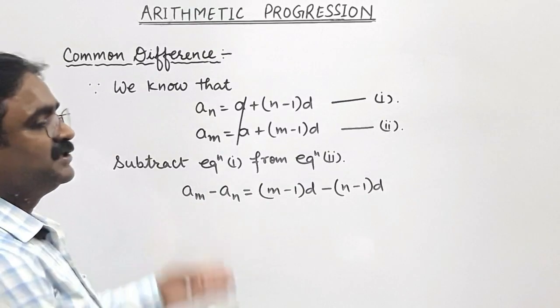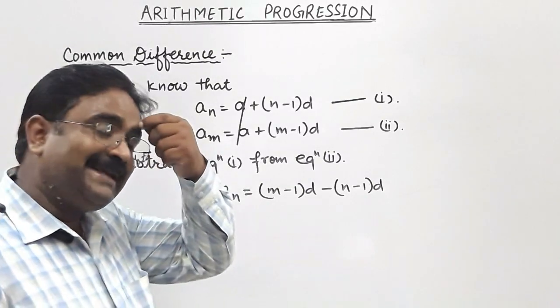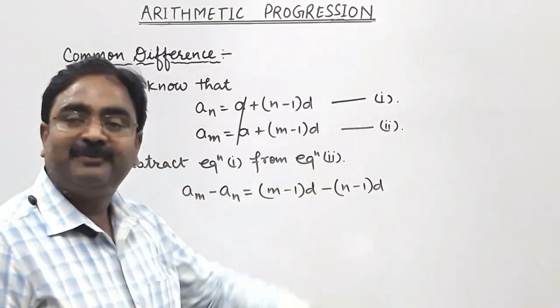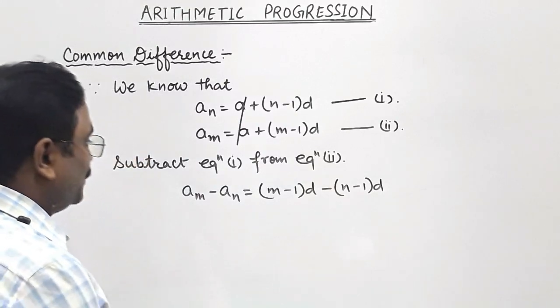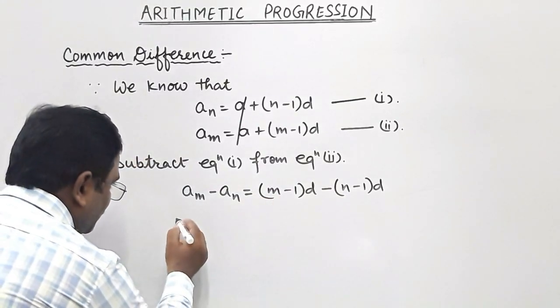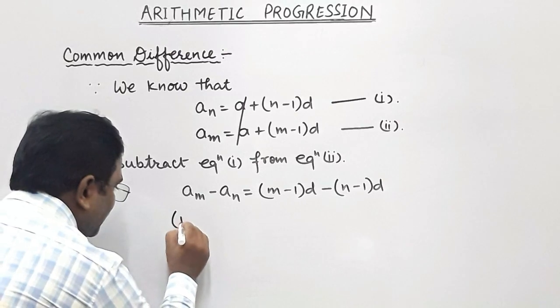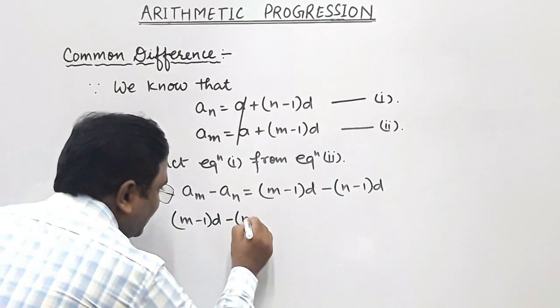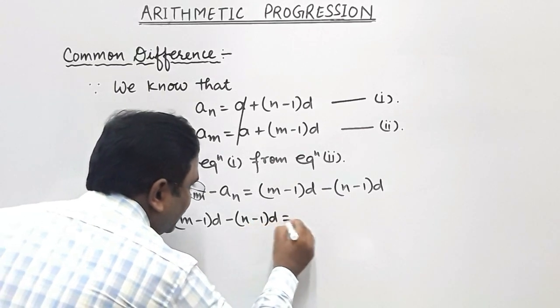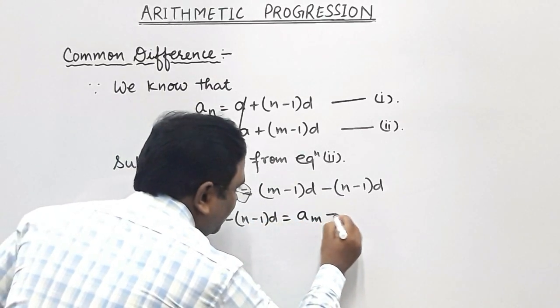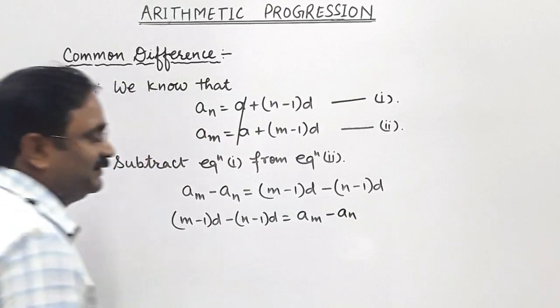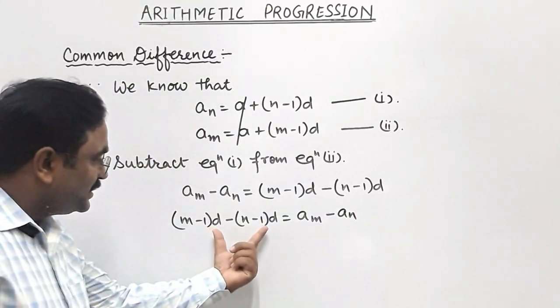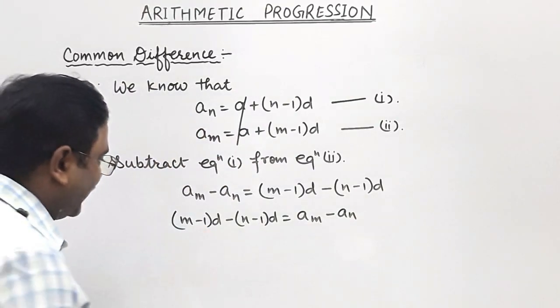So let us simplify this equation. We can get the value of common difference also. So now this equation you just write in this form: (m minus 1) into d minus (n minus 1) into d equals a_m minus a_n. Now let us take d common in these two brackets.